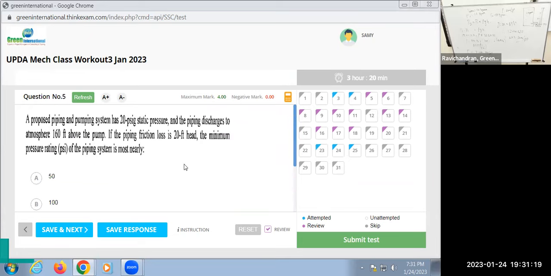We go to question number 5. A proposed piping and pumping system has 20 psi static pressure and pressure discharged to atmospheric 160 feet above the pump.